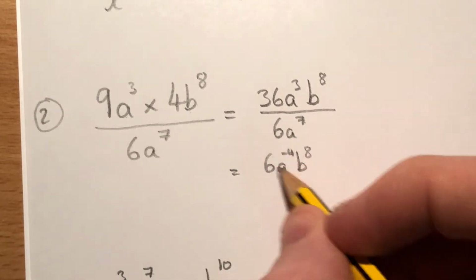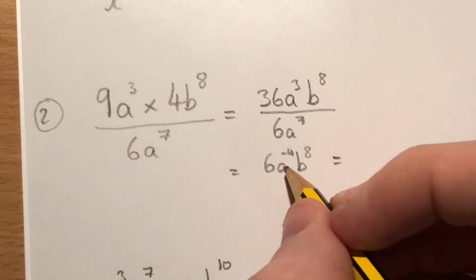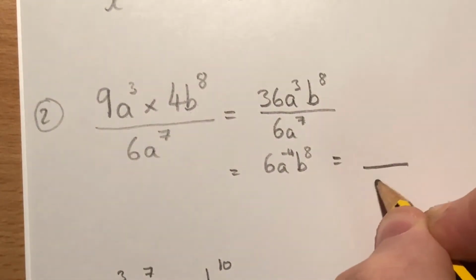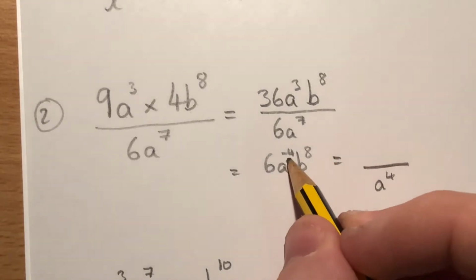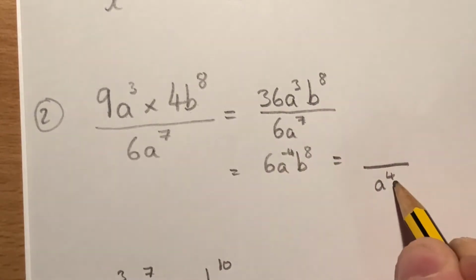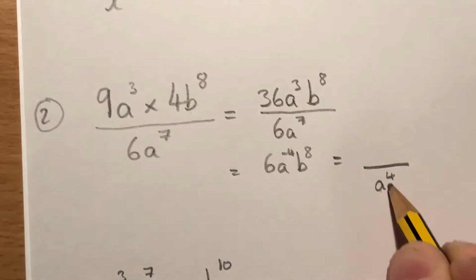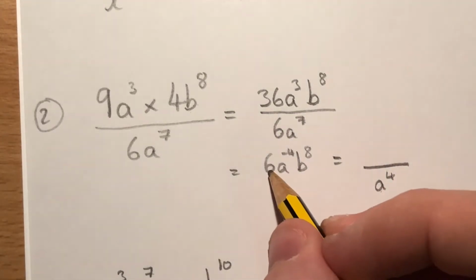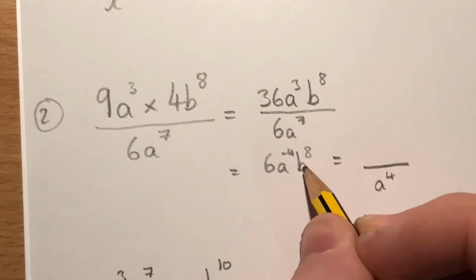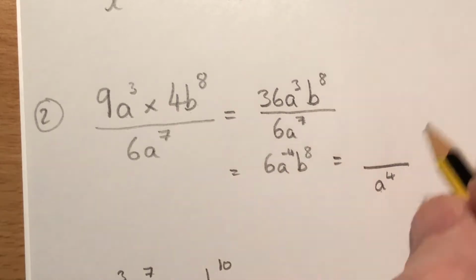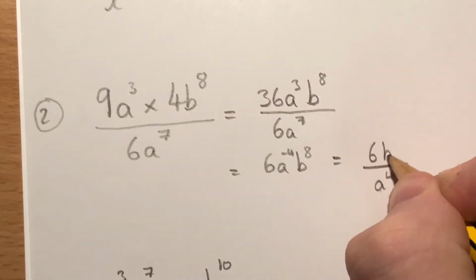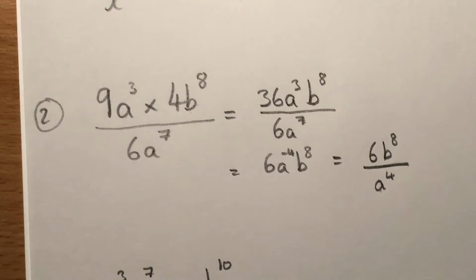So I can rewrite this with the a to the power of 4 on the bottom. Remember, minus 4 goes to the bottom, a to the power of 4 is positive on the bottom, okay? However, the 6 and the b to the power of 8, neither of them have got negative powers. They remain on the top, 6b to the power of 8.